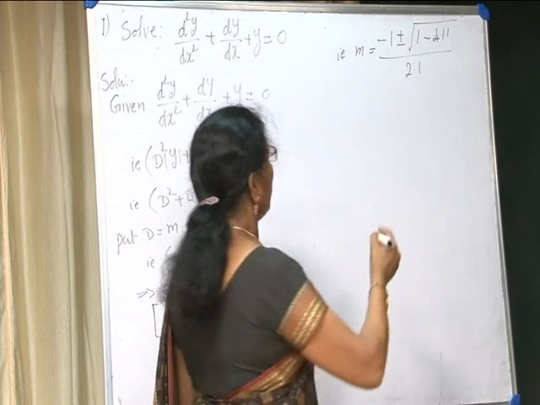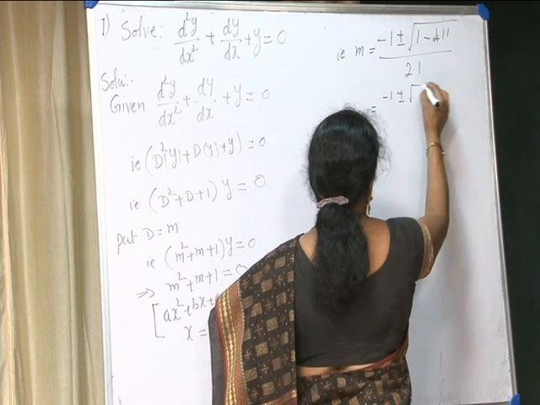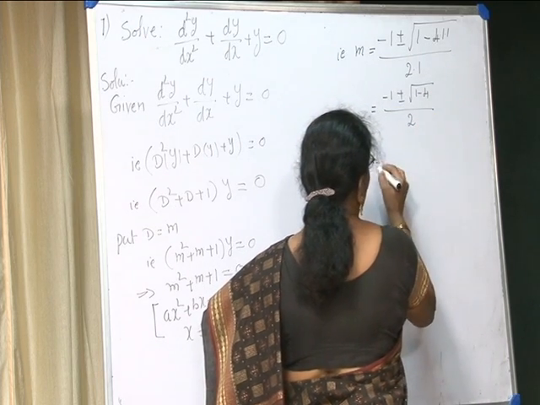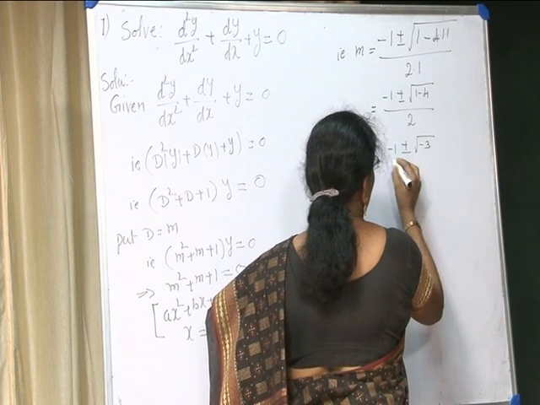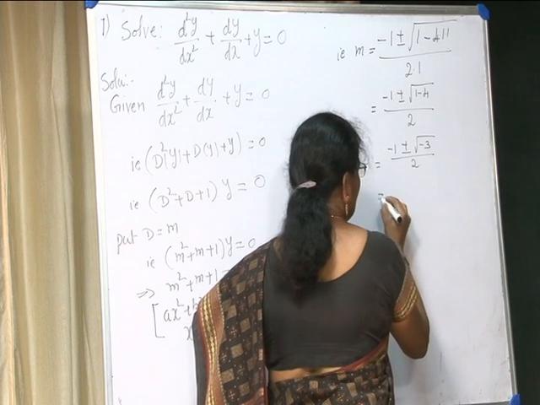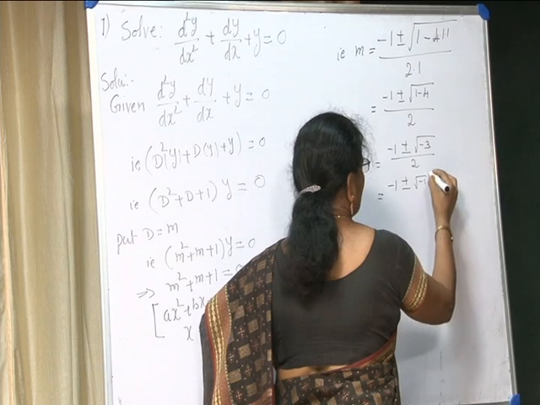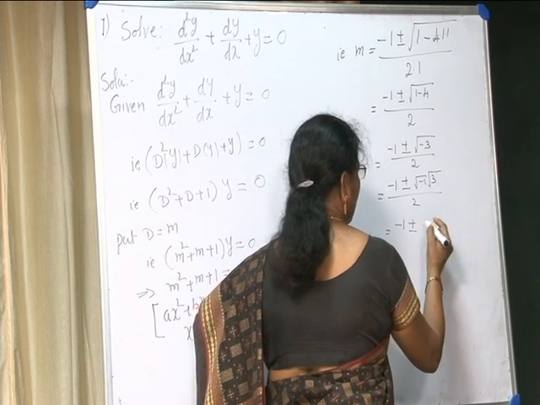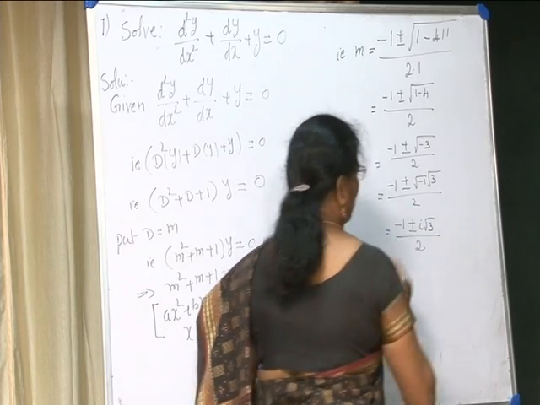This is equal to minus 1 plus or minus root of 1 minus 4 divided by 2, which is minus 1 plus or minus root of minus 3 divided by 2. This can be written as minus 1 plus or minus i root 3 by 2.